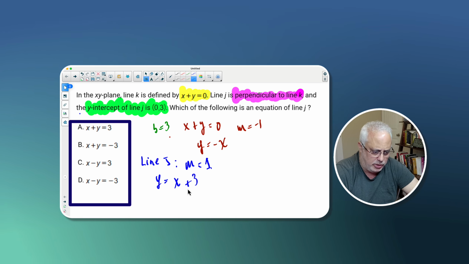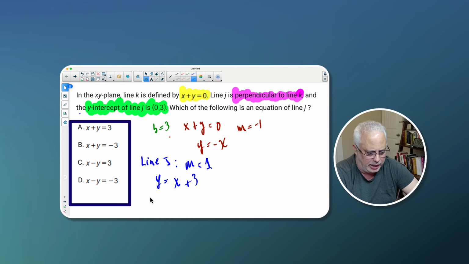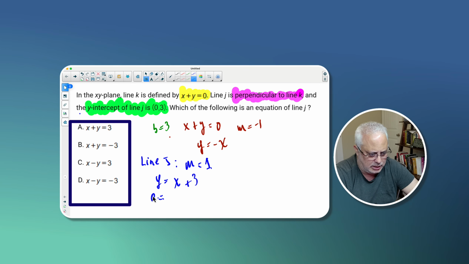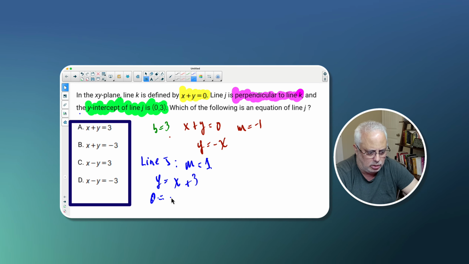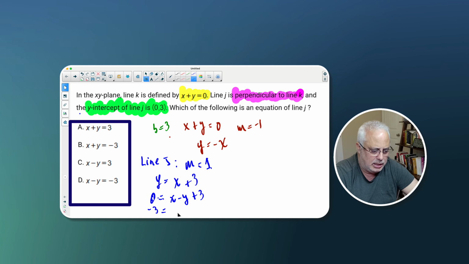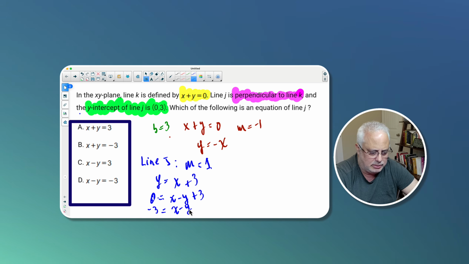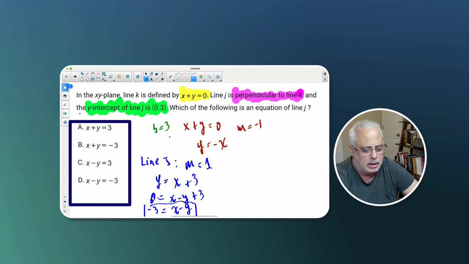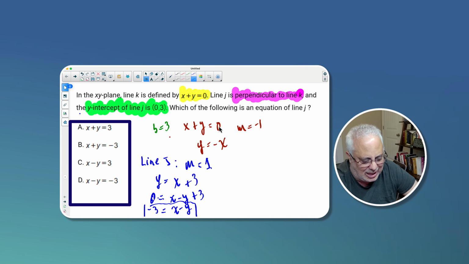So I'm going to subtract y from both sides of the equation. I'm going to have 0 equals x minus y plus 3. And finally, let me cancel the 3 by subtracting 3. So I have -3 equals x minus y.